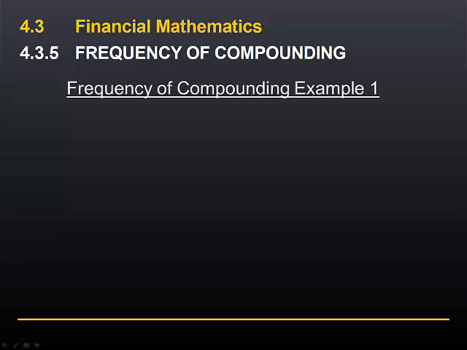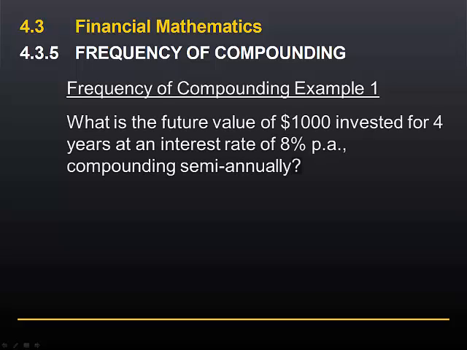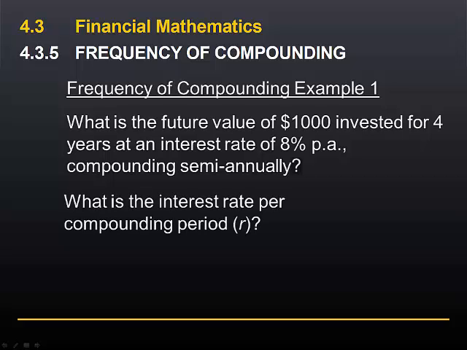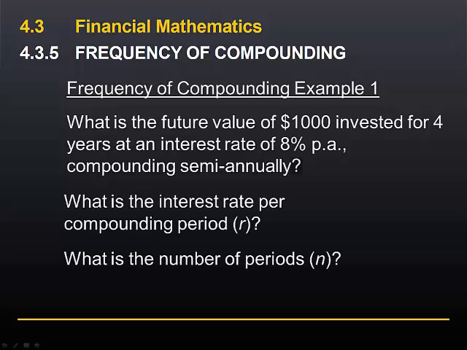Let's do an example to illustrate the effect of compounding more frequently than once a year. What is the future value of $1,000 invested for 4 years at an interest rate of 8% per annum, compounding semi-annually? Before we can use the formulas, we need to calculate the R and the N given semi-annual compounding.